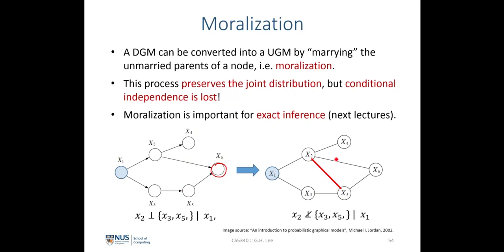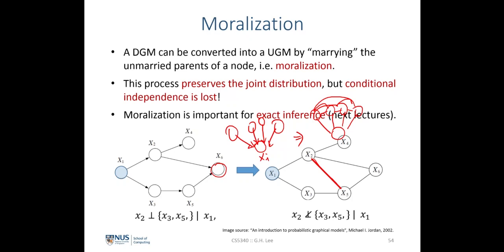After the conversion, we'll simply add a link between the unmarried parents. In general, if we have a random variable xi and all its parents, regardless of how many parents it has, after the conversion we'll marry all the parents, which means that we'll join all the links between all the parents. We have a dense connection between all the parents, and this is called moralization.